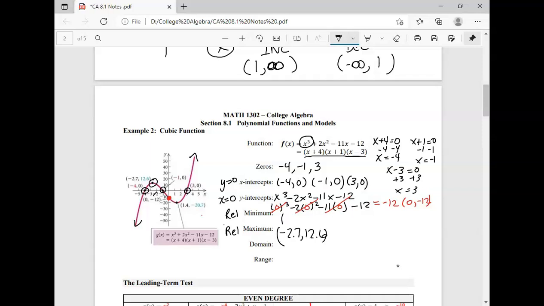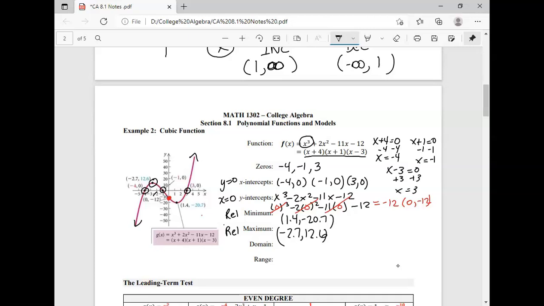And the relative minimum is the point 1.4, -20.7. If I didn't know how to do that on this, you can't do the -b/2a thing here, because this is cubic. So you probably do want to use your calculator to go to second trace and then find the minimum and the maximum, like we did for test 2. Everybody okay with that? Okay.